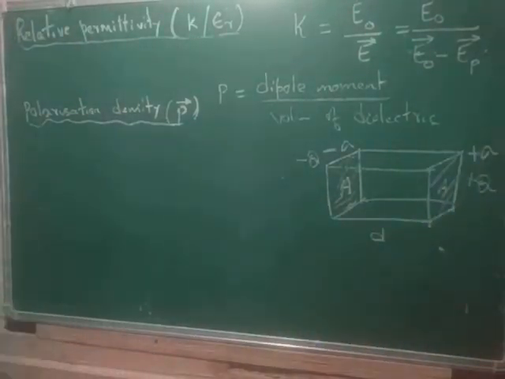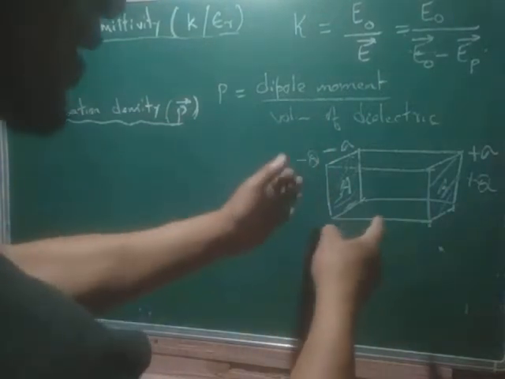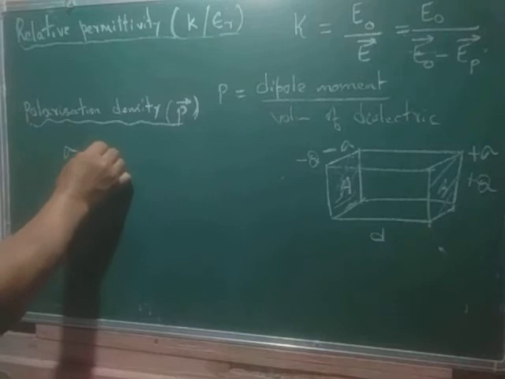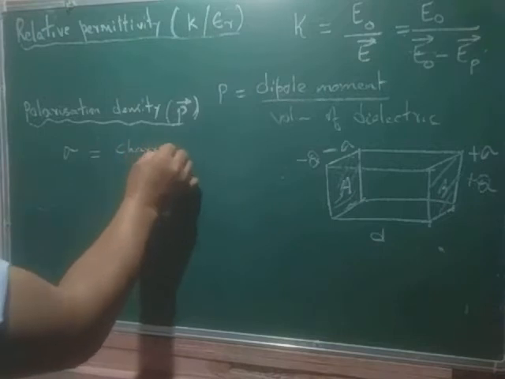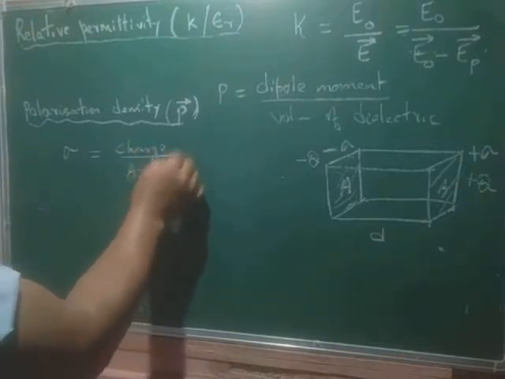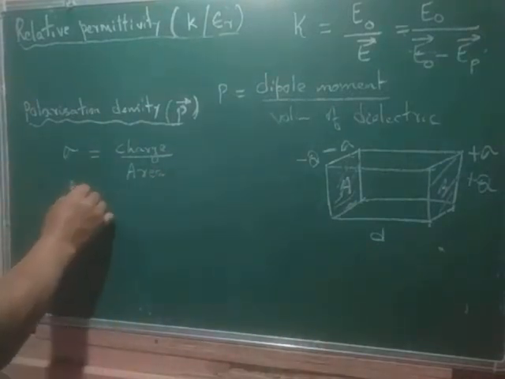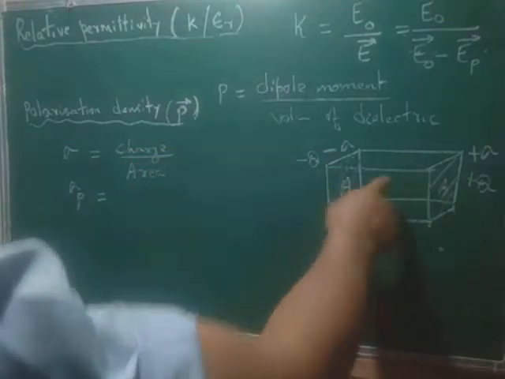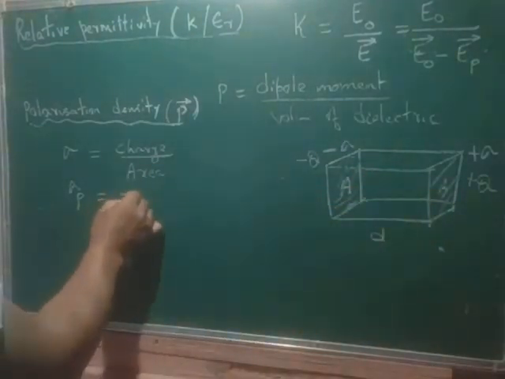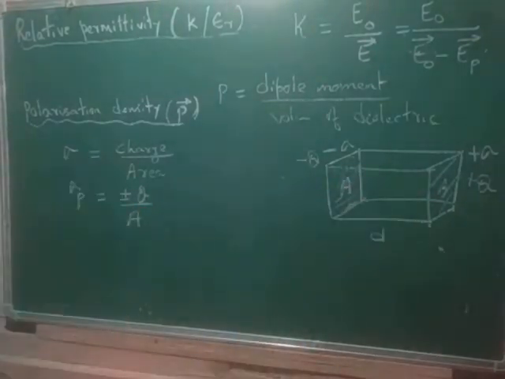As you know, the surface charge density due to the induced charges is charge upon area. But in this case, sigma becomes sigma p because it is the surface charge density of the induced charges, and the induced charge on each side is plus q or minus q, upon the area of each side of the dielectric, capital A.